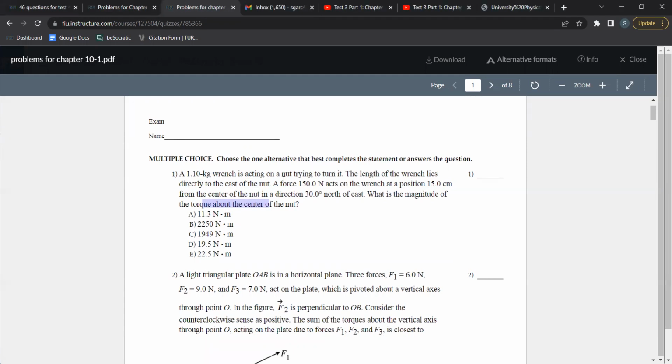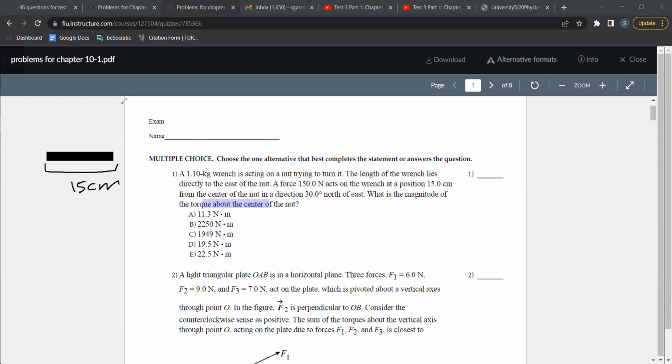So this one isn't that bad. We just have to first draw something out. So let me get my annotation tool, and we're going to draw our nut and our wrench. Imagine this is our wrench. It is 15 centimeters in length.